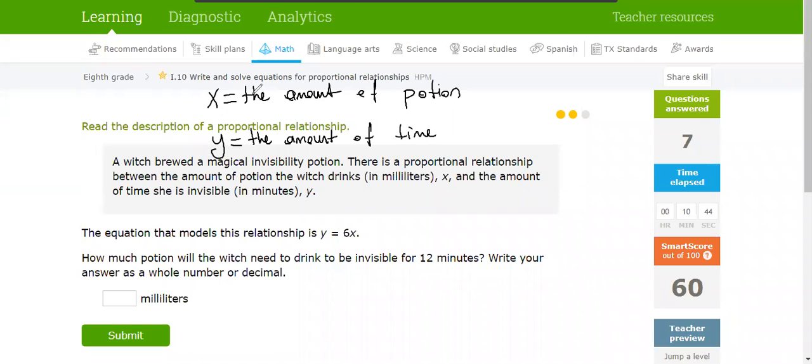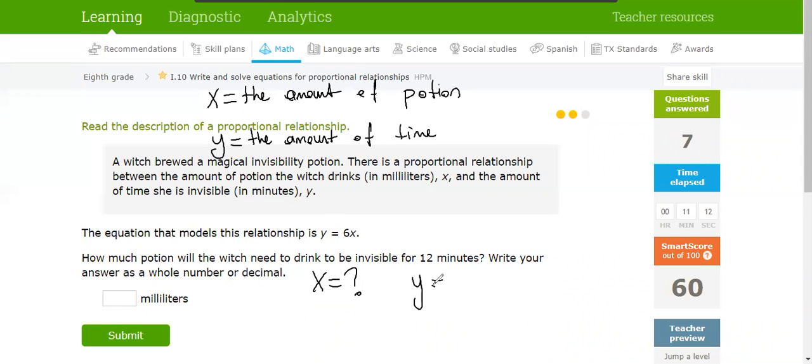Once again, x represents the amount of potion and y is the amount of time. Let's look at the question. How much potion will the witch need to drink? How much potion? The amount of potion. It is x, right? x is the question then. To be invisible for 12 minutes. And y is the amount of time and 12 minutes is the amount of time.